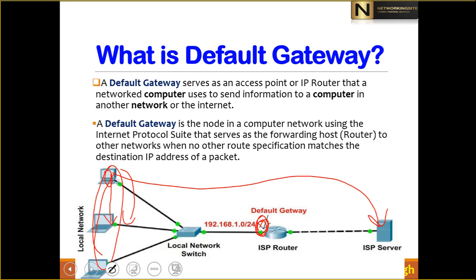We have to exit from our room, go outside, and then we can communicate. The default gateway of your organization will be your router IP address, or maybe your firewall IP address.